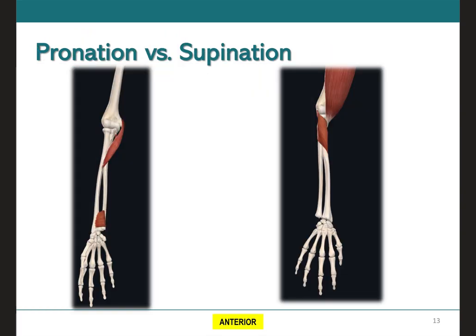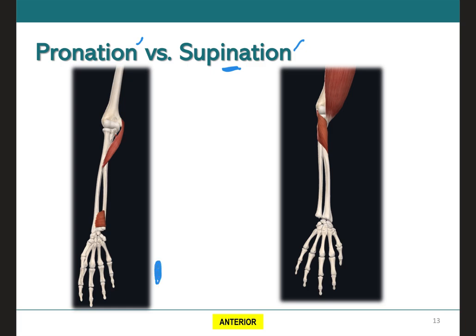And this radial ulnar joint will perform these two movements, pronation and supination. When you are in an anatomical position, you're actually in supination, meaning that the palm of your hand is facing up. But when you rotate and put your thumb now on the medial side, this is what we call pronation.